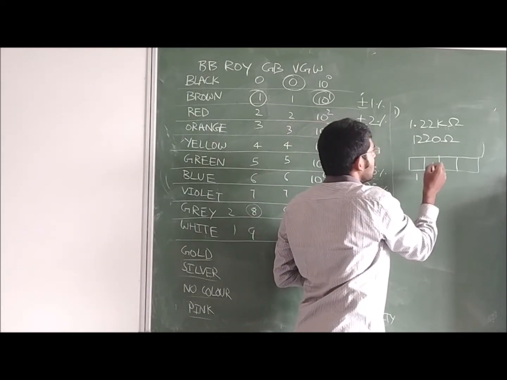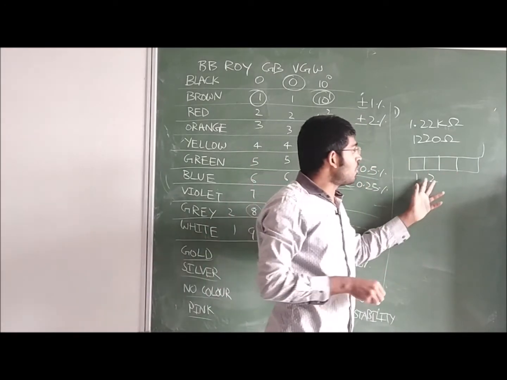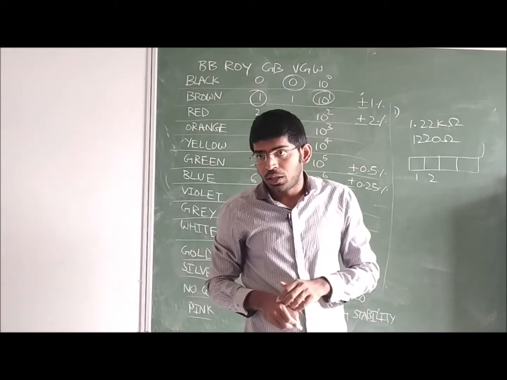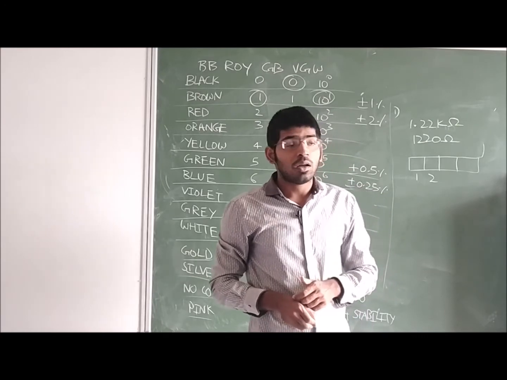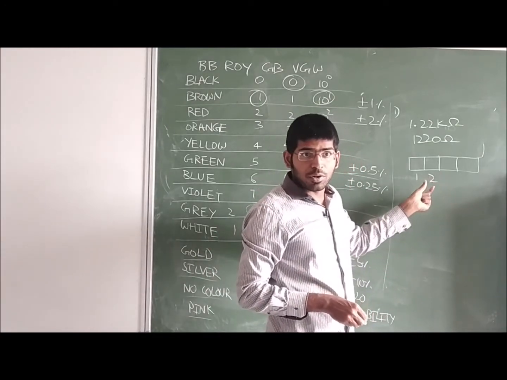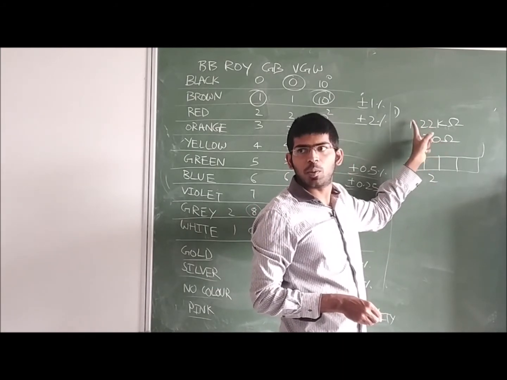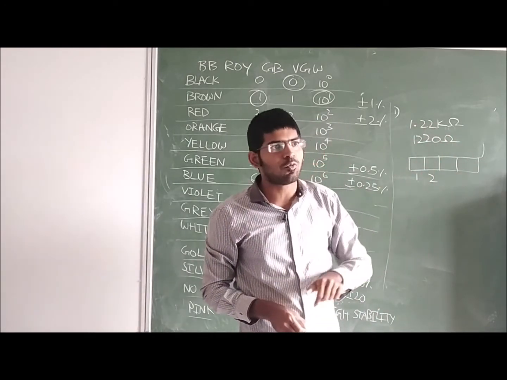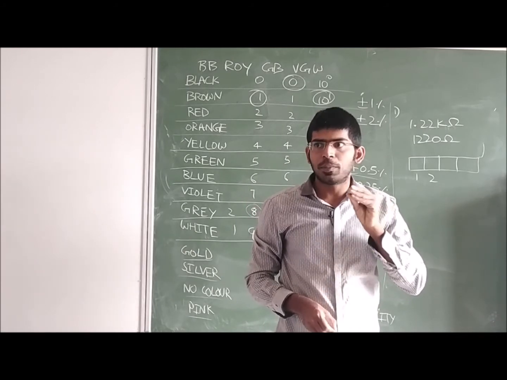This is 1, this is 2, now this is the multiplier. 12 into 10 to the power 1 is 120. If we multiply with 10 to the power 2, then this is 1200. When we want to represent the second digit after the decimal point, like 1.22, 1.23, 1.24, then we have to use the 5 color band method.